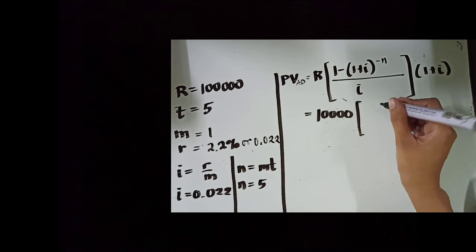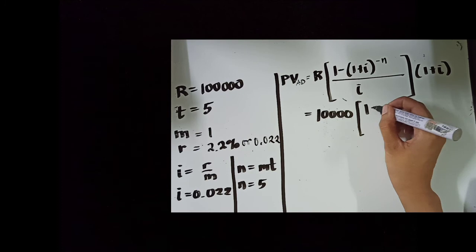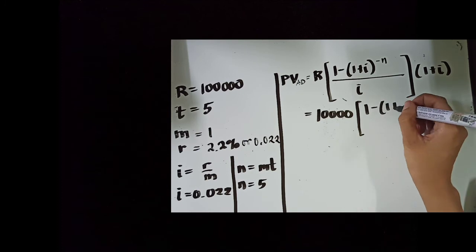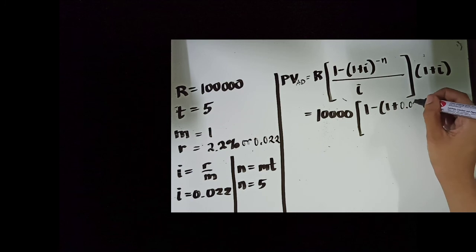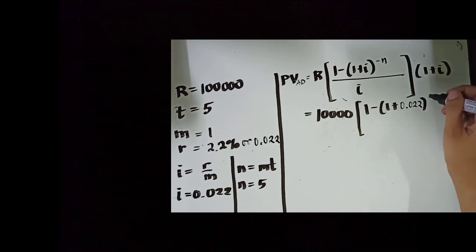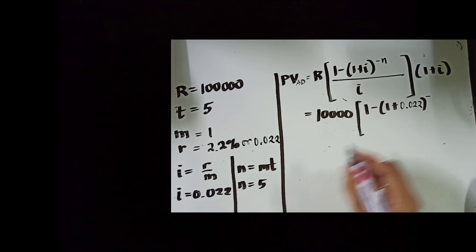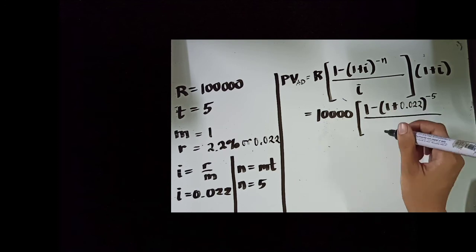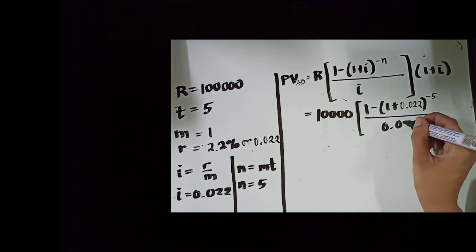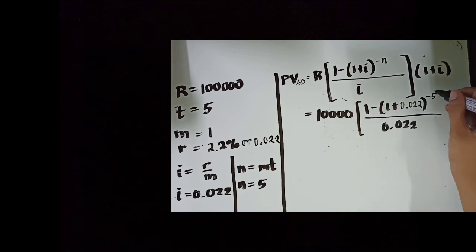Then, multiply by 1 minus 1 plus, ang I natin ulit is 0.022, then raised to negative, value ni N natin is 5, then over I, which is 0.022. Then, multiply by 1 plus 0.022.